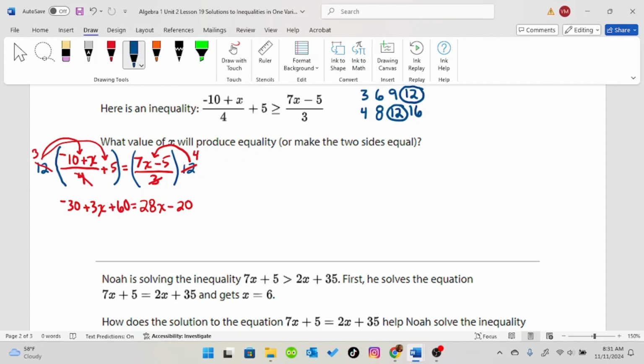Now we've gotten rid of the fractions. On the left side, I see like terms, so I can combine those. Negative 30 plus 60 is positive 30.